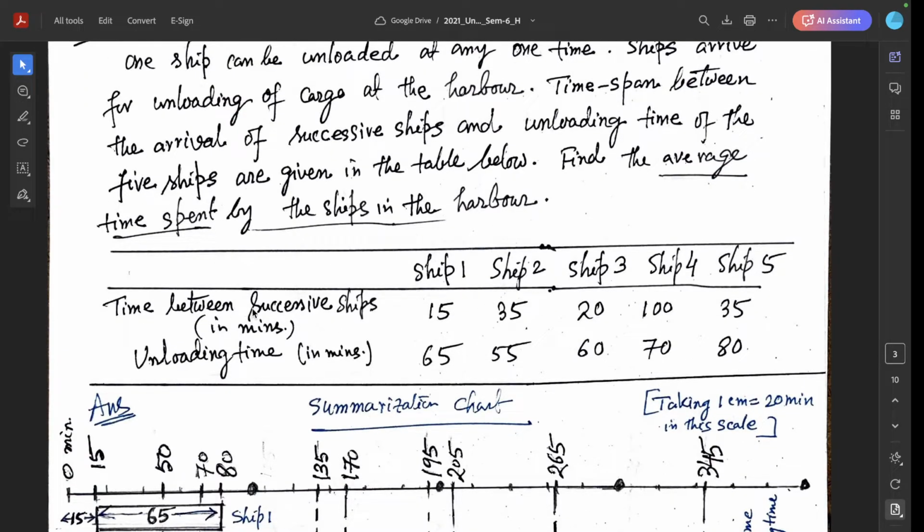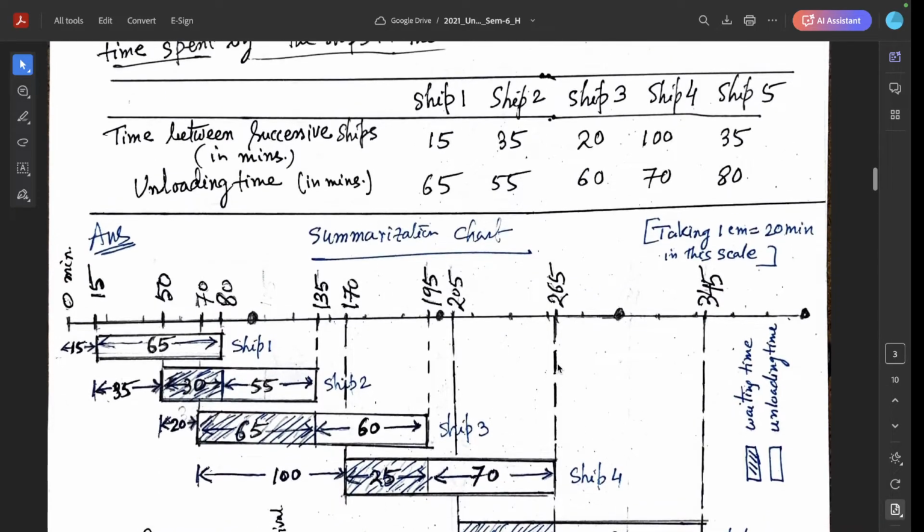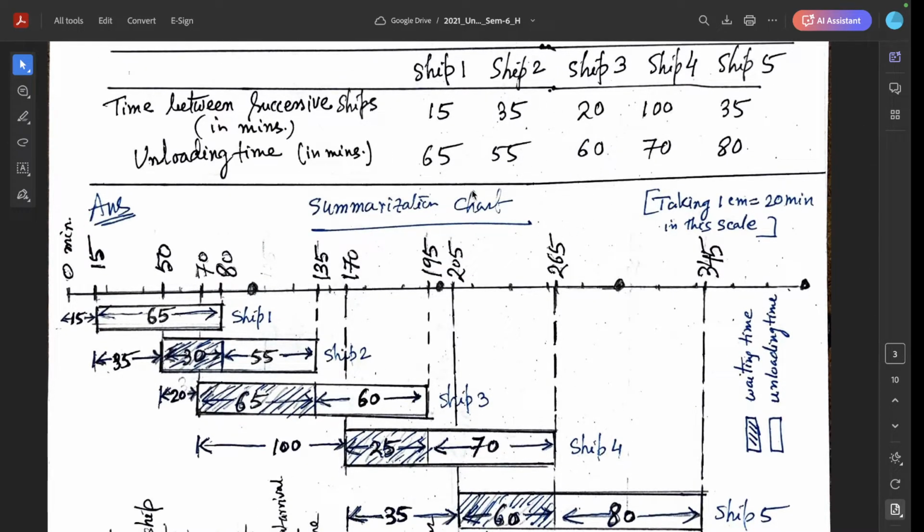The first row is the time between successive ships in minutes, and the second row is the unloading time in minutes, for ship 1, ship 2, ship 3, ship 4, ship 5. Now we draw a diagram for the unloading time and waiting time, starting from 0 minutes.